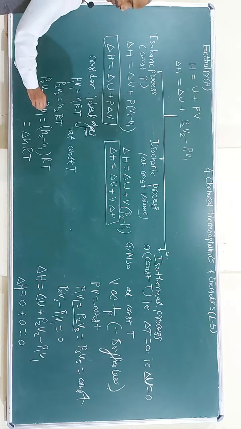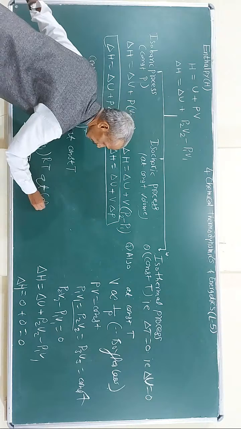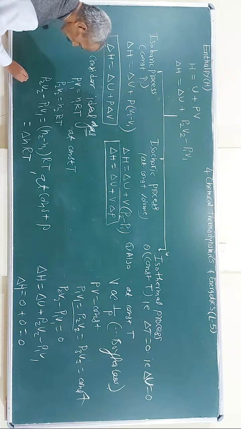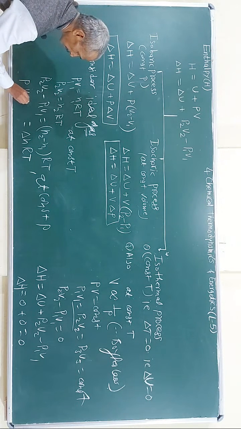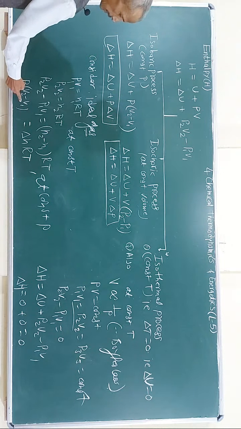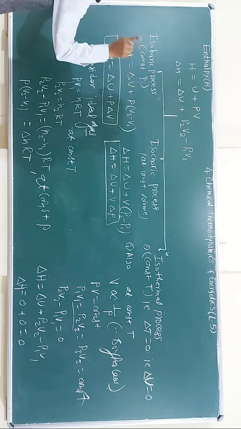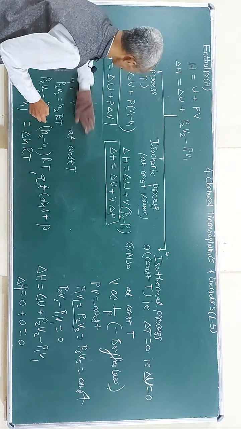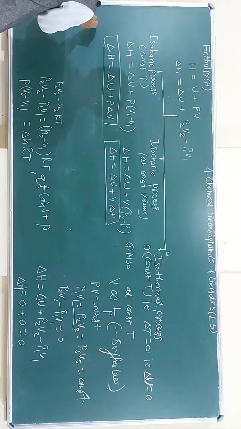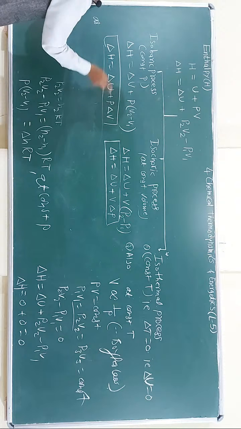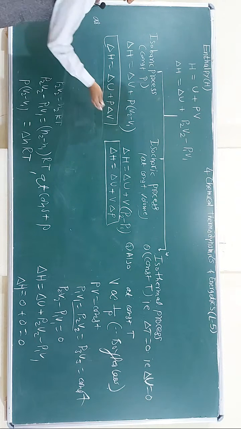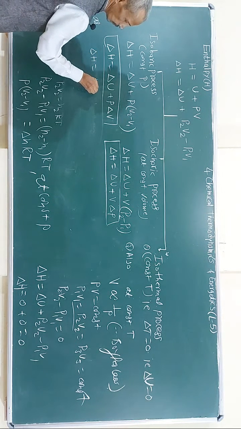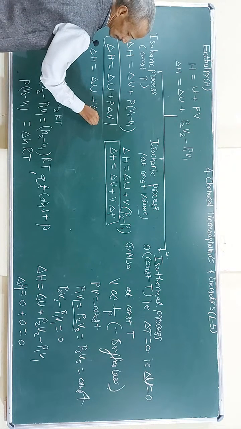But at constant pressure also, P2 V2 minus P1 V1 is P delta V. Therefore, as all these are thermodynamic state functions, delta H is equal to delta U plus delta n RT.